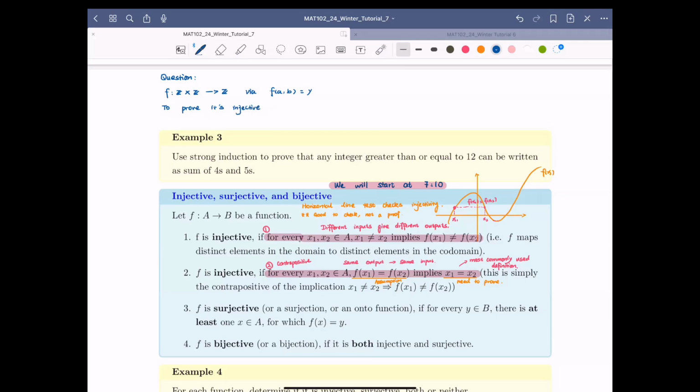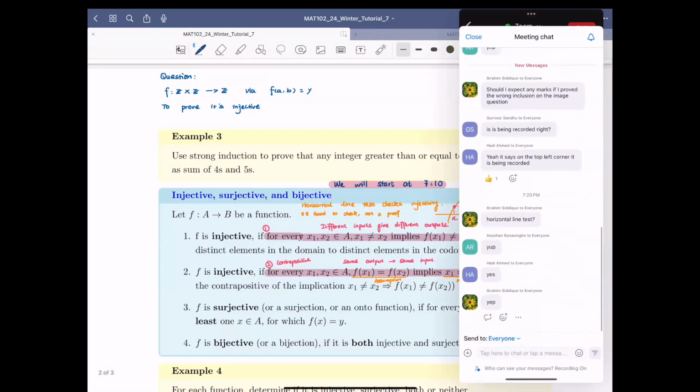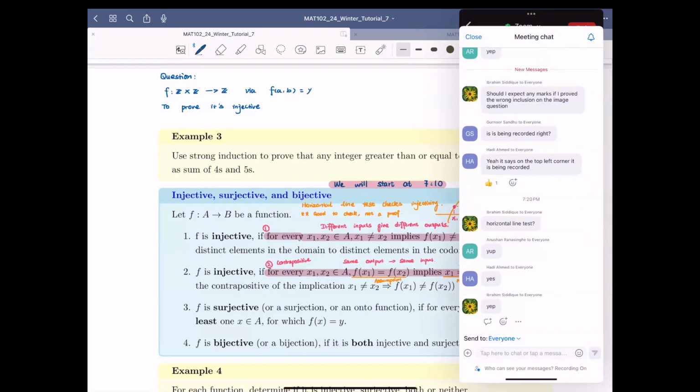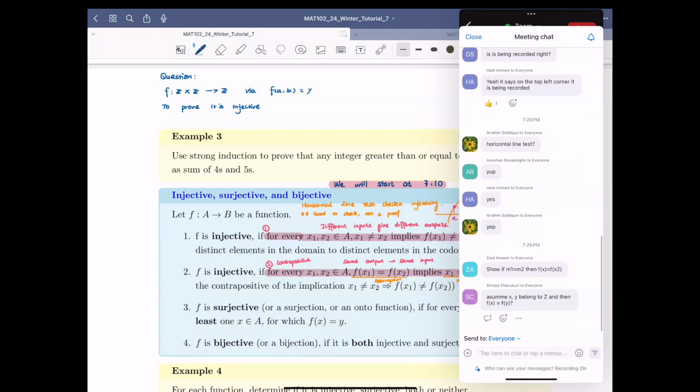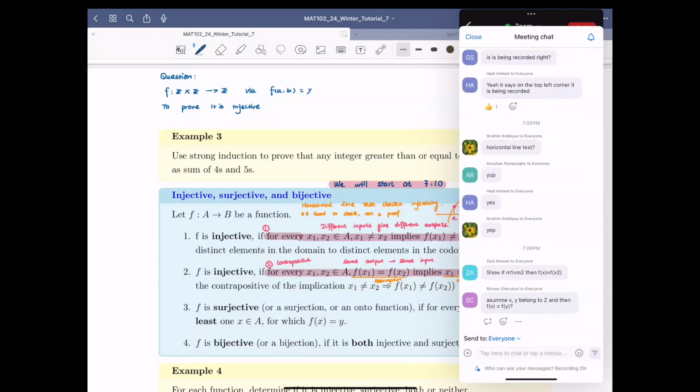What do I do? Anyone? No, that's not the definition. Also, no. Okay, guys, read the definition again.